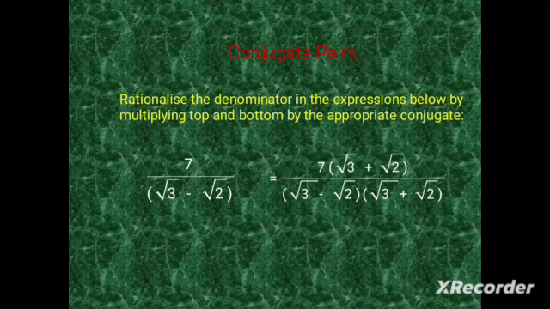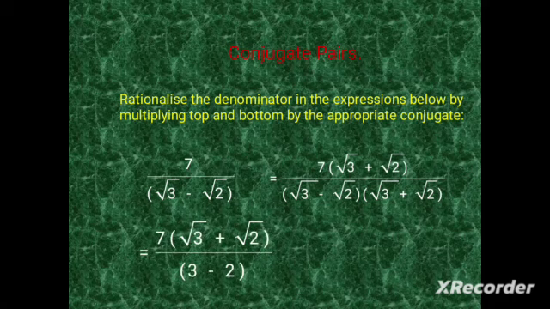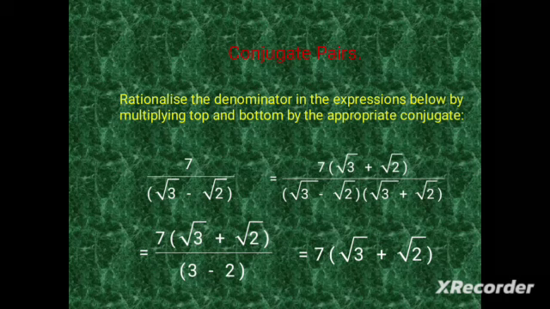And the denominator is the same, root 3 plus root 2. Now solve the numerator separately and the denominator as well. So we shall have 7 into root 3 plus root 2 over 1 in that case. And that gives us the answer: 7 into bracket root 3 plus root 2.